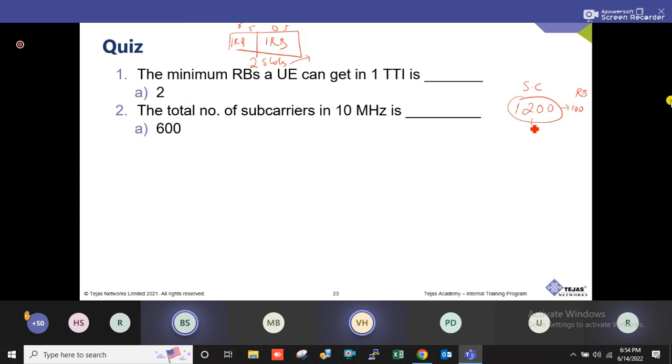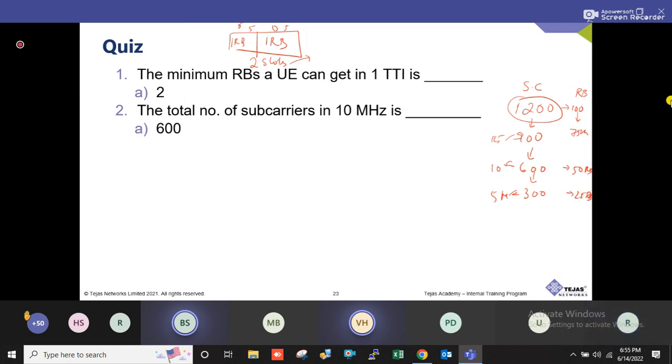Just reduce 300, so 900 is for 15 megahertz. It is actually 600 for 10 megahertz. Reduce 300 again, and 300 is for 5 megahertz. Similarly, reduce 25 resource blocks, so 75 is for 15 megahertz. For 10 megahertz it is 50 resource blocks, and for 5 megahertz it is 25 resource blocks. This is how we can remember.